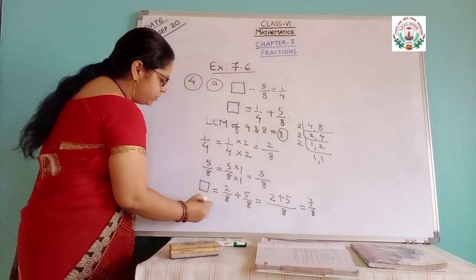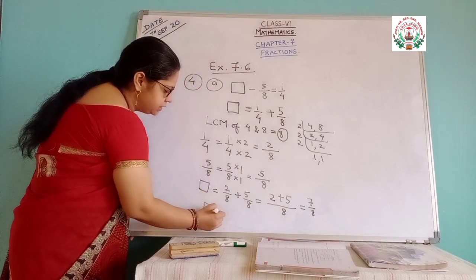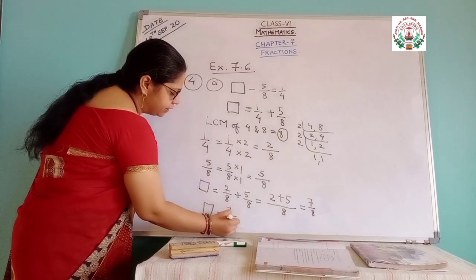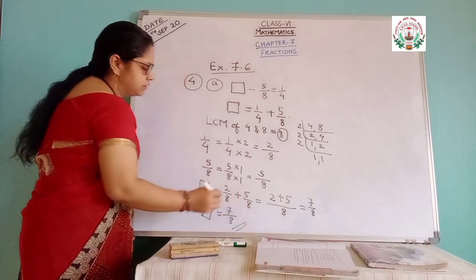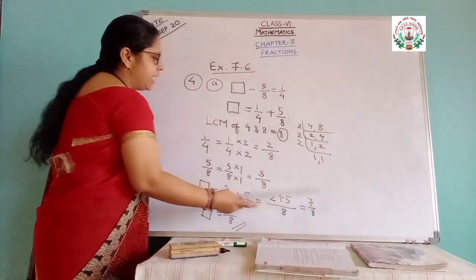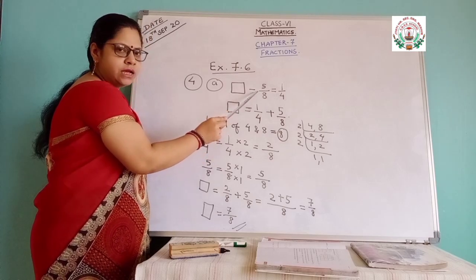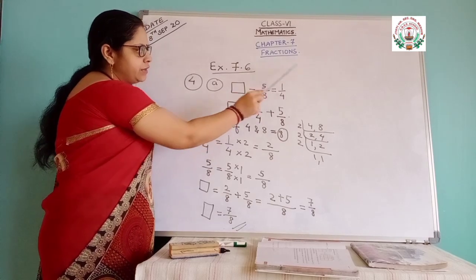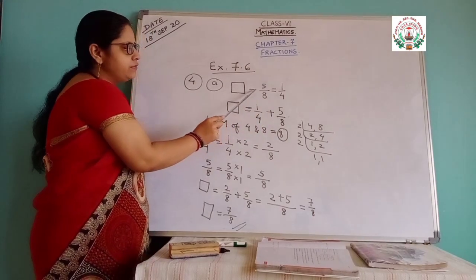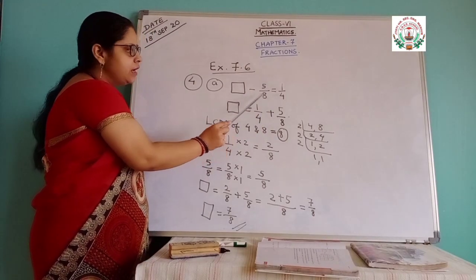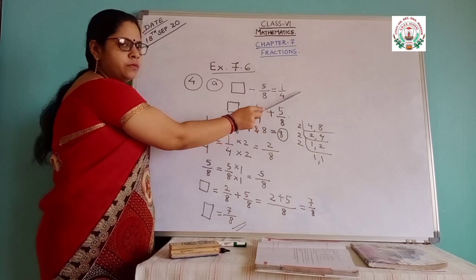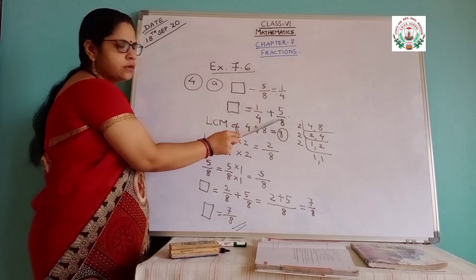So the value of this box is 7 by 8. This is your answer. So students, what we have done: this is your question, and this negative sign fraction we are transferring to the other side. The negative sign changes to a positive sign and it will be joined at the back side only.